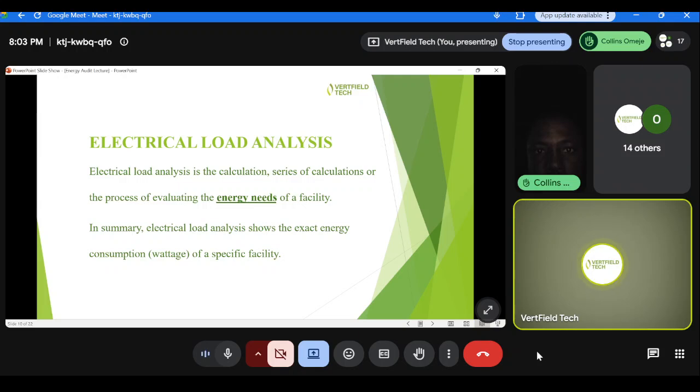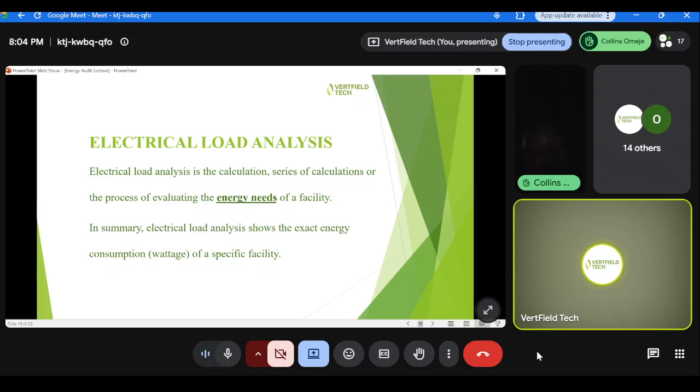So for you to know the energy being consumed by your facility, you must firstly have a very good idea of what you intend to power up.